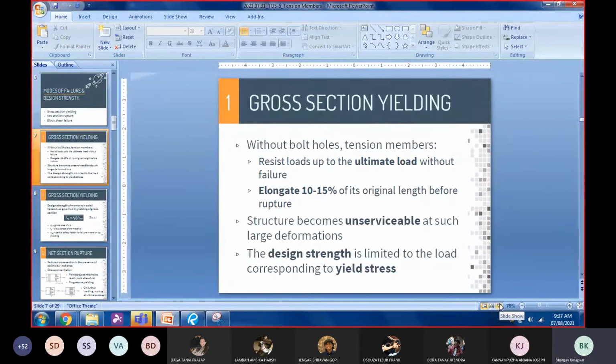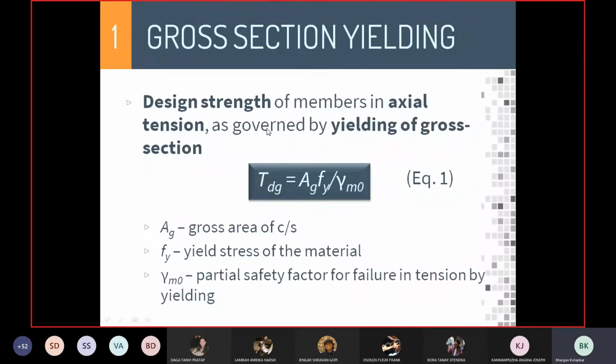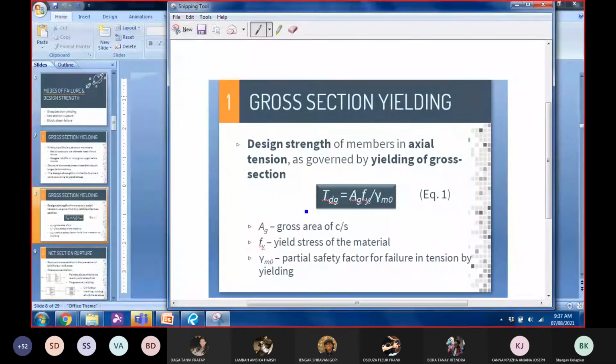Now, the question is, how do we calculate the force corresponding to this? The answer is very straightforward. Okay, now it's better. We want to calculate what the force is. We have seen that stress is equal to force upon area.